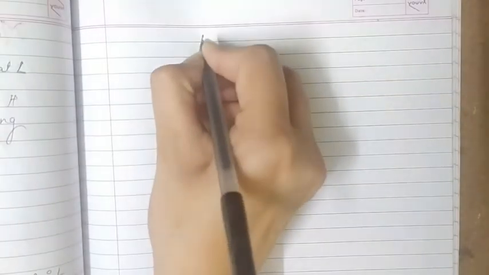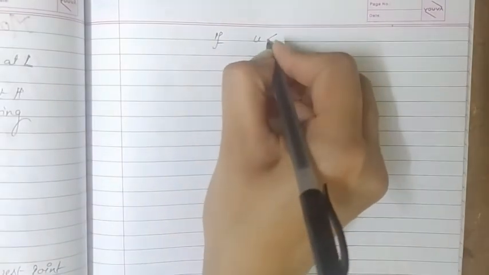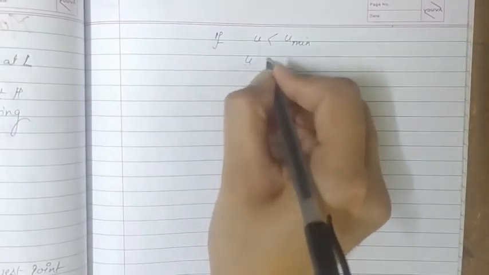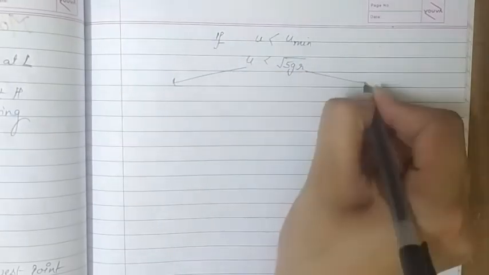Now the condition is, the minimum velocity at the lowest point is under root 5gr, but if we give the velocity at the lowest point less than that minimum velocity, means u is less than under root 5gr, in that case there are two situations possible.